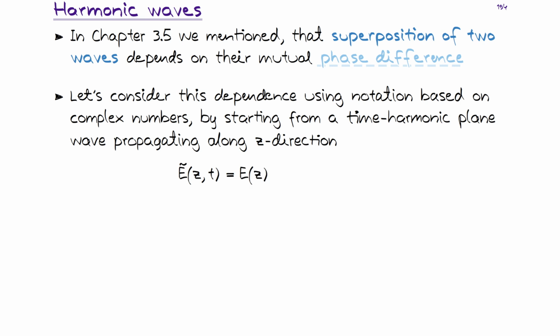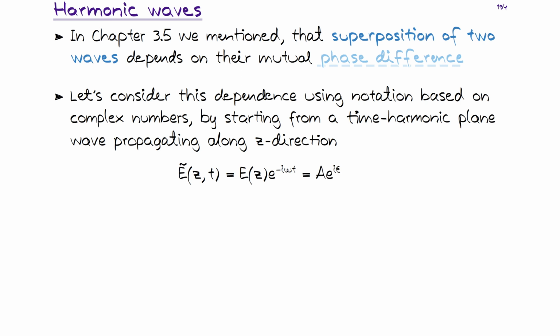So I can divide this field into two different kinds of terms. I can describe the propagation, so basically the harmonic plane wave contribution, and then I can describe the time oscillation using this simple time harmonic function, exponent i omega t.